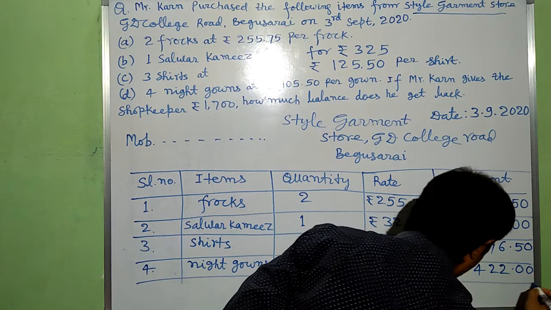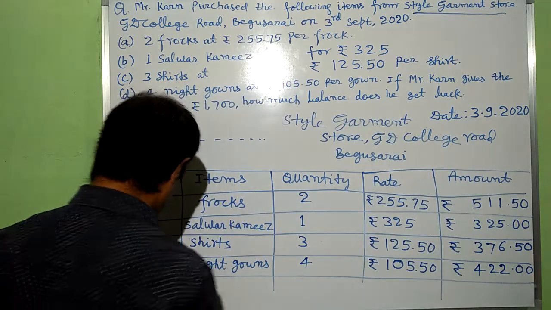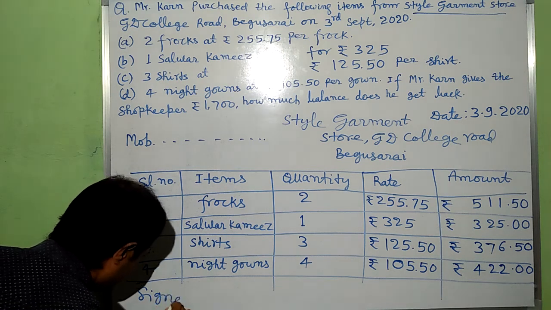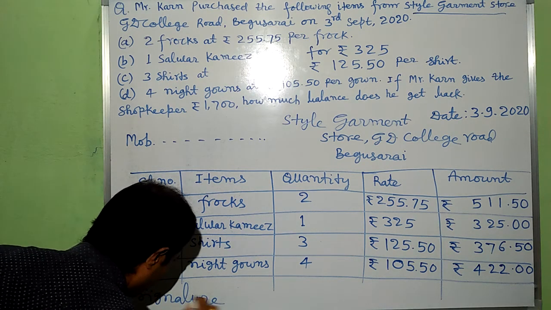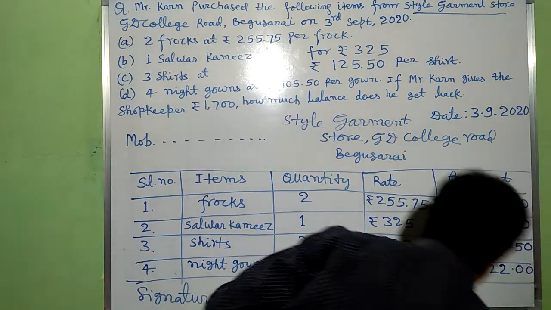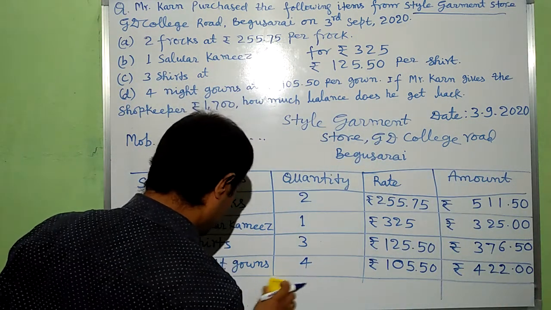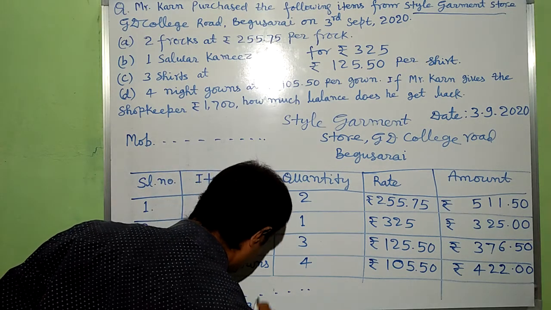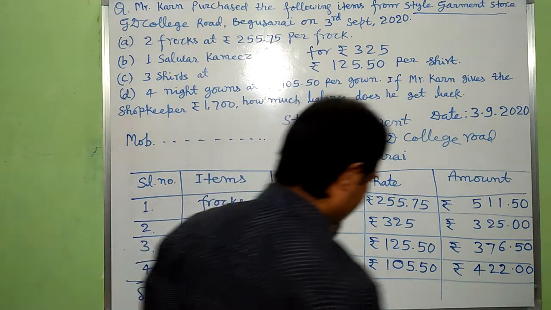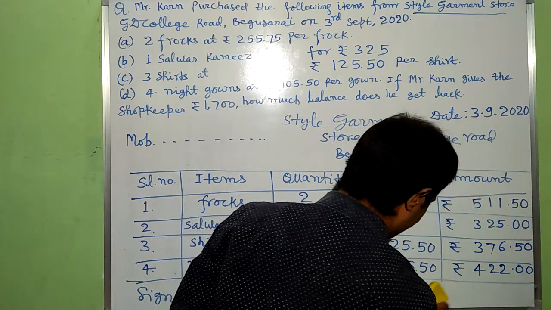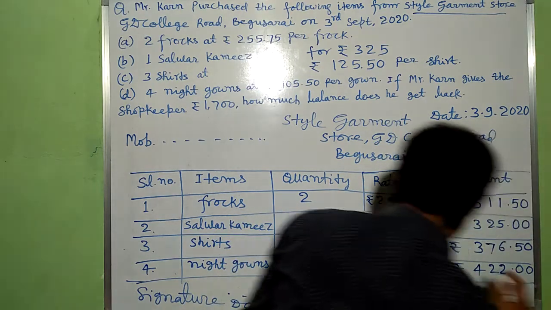Now we have to add it to get total cost. Signature of the shopkeeper will be put here with the date. And this sum will be the total amount.